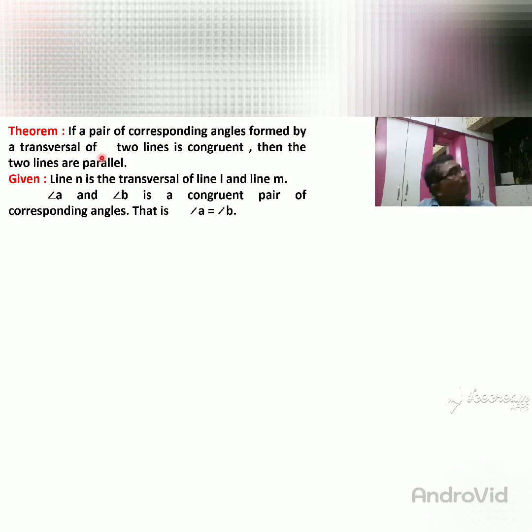In this problem it is said that two corresponding angles are congruent. Then you want to show the two lines are parallel.